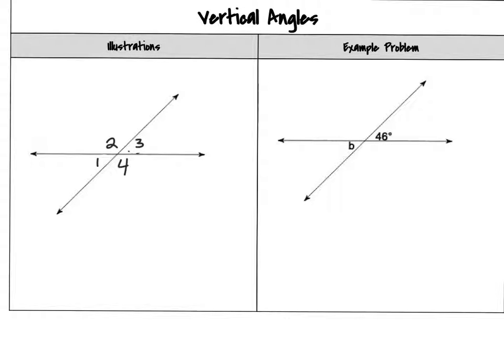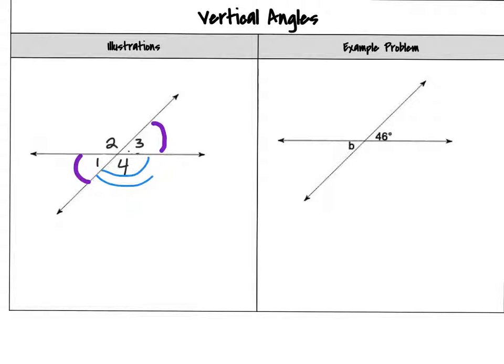So here, I'm just going to show you and highlight, circle them with me. So vertical angles, they're opposite. So 1 and 3 are vertical angles. Notice that they're opposite of each other, they're not adjacent.